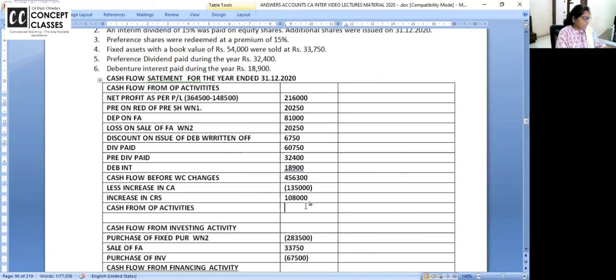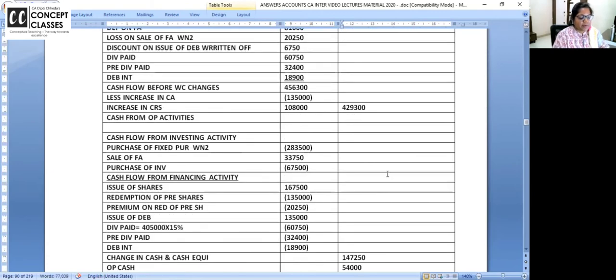So I hope it is clear. 456,300 minus 1,35,000 plus 1,08,000. How much are you getting as cash from operating? If they see this answer, you get 10 out of 10 marks. Of course, marks are there for steps also. 429,300 is operating. Now total investing, how much is coming?